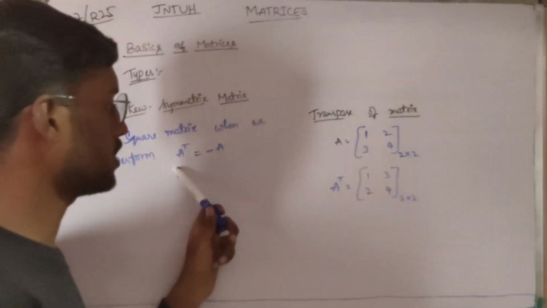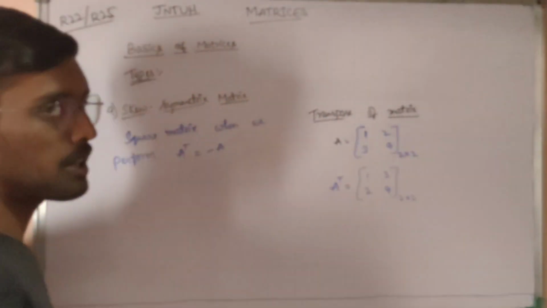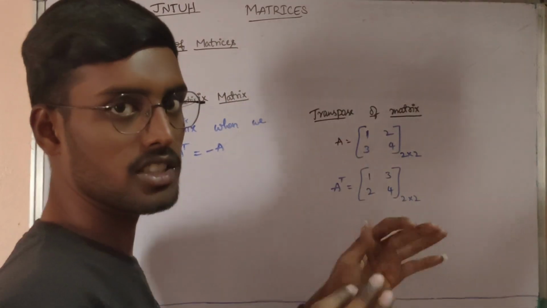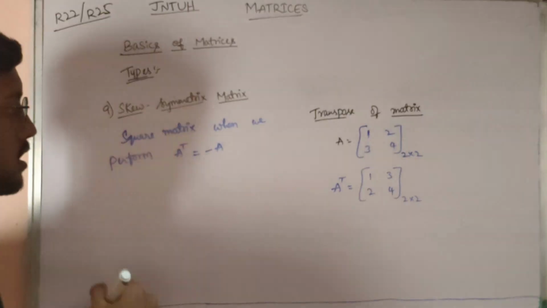A transpose చేసినప్పుడు అది minus A లాగా వస్తుంది. Then this is called skew symmetric matrix. Transpose అంటే ఏంది? Interchanging the rows and the columns, right? Transpose of a matrix అంటే rows and the columns interchange చేయడం మనకు transpose of a matrix అంటాం. Next example తీసుకొని explain చేస్తాం.